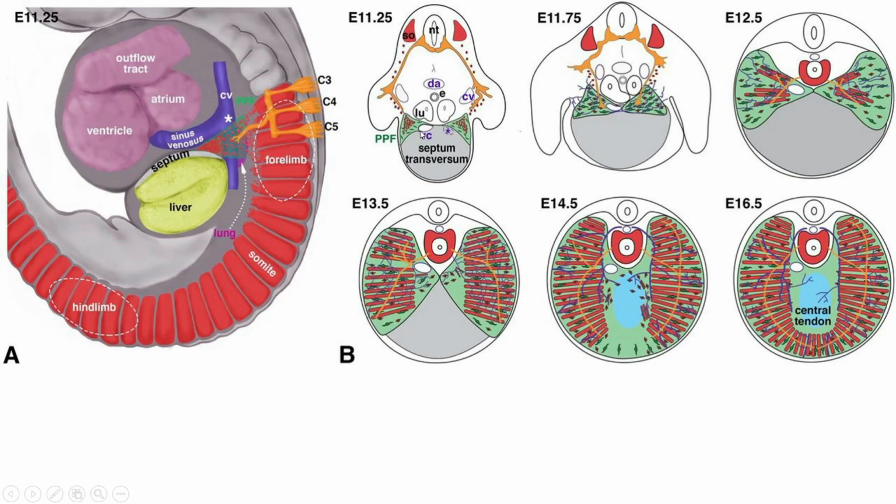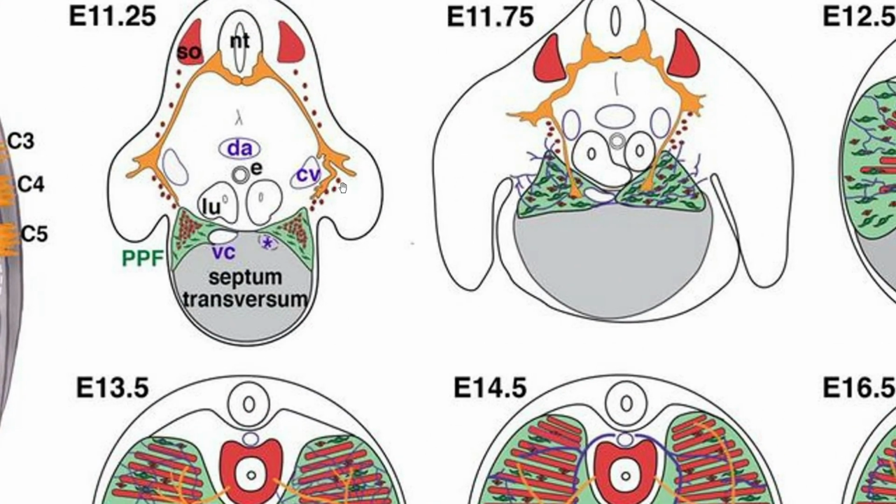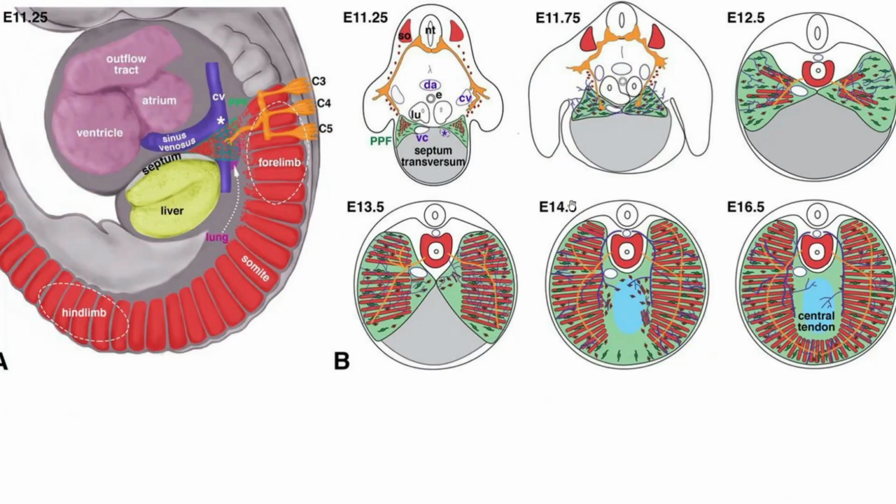Anyways, after reaching the pleuroperitoneal folds, the rounded muscle progenitor cells change their shape and differentiate into myoblasts. The cells were rounded at first, and then they became a little more fusiform, and these fusiform cells are known as myoblasts.